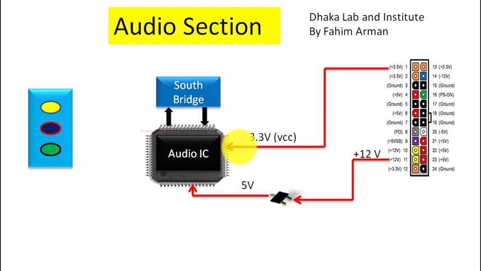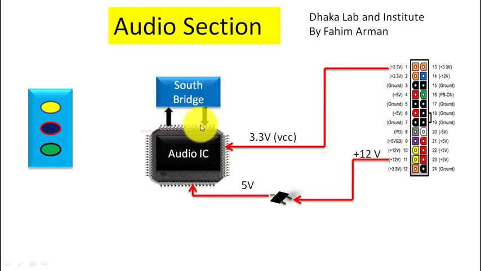Then the audio IC will communicate with the south bridge, and this is very important. The communication will be successful if the south bridge is good and the audio IC is good.